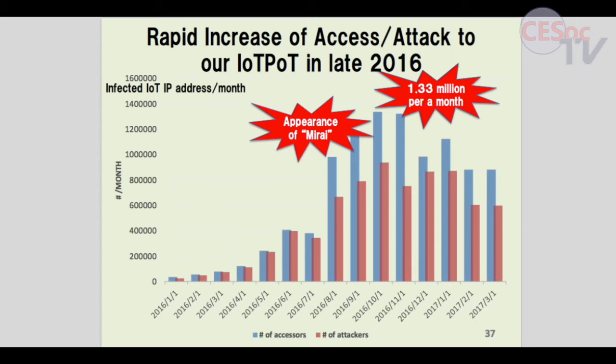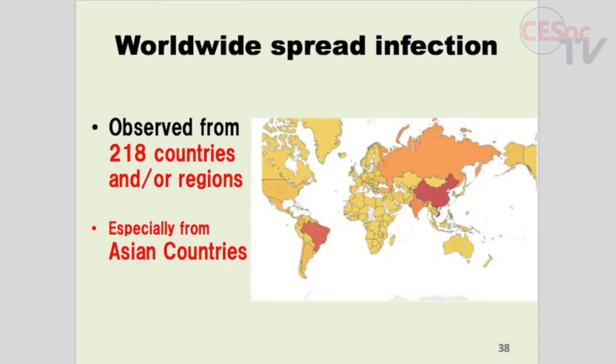This is worldwide infection observed from 218 countries and regions in the honeypot. We got a lot of login attempts and infections, especially from Asian countries. That may not be good, but we need to consider it. This is also interesting: the number of infected IoT devices by country.